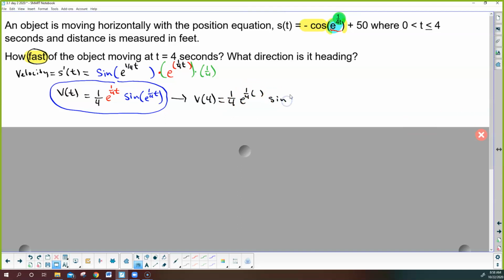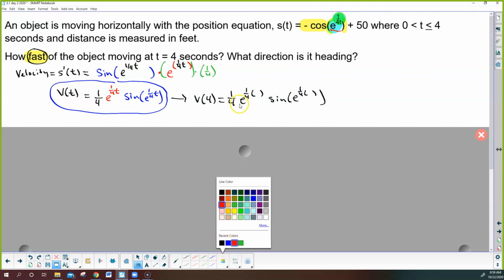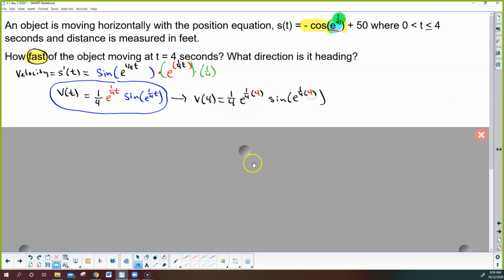And anywhere there's a t, I'm going to plug a 4 anywhere there's a t.